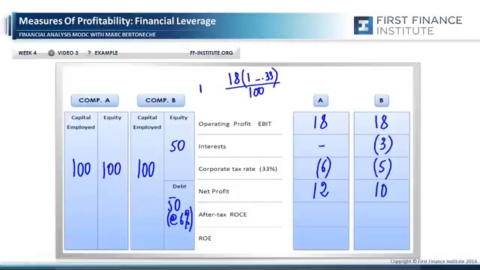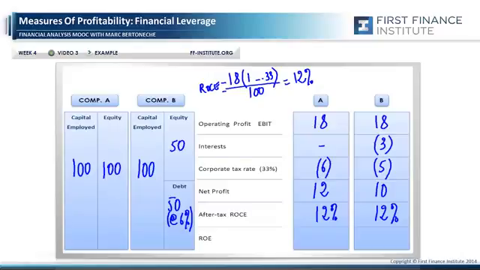So the ROCE after tax is 12%. Obviously, for company B, same EBIT, same tax rate, same capital employed, 12%.